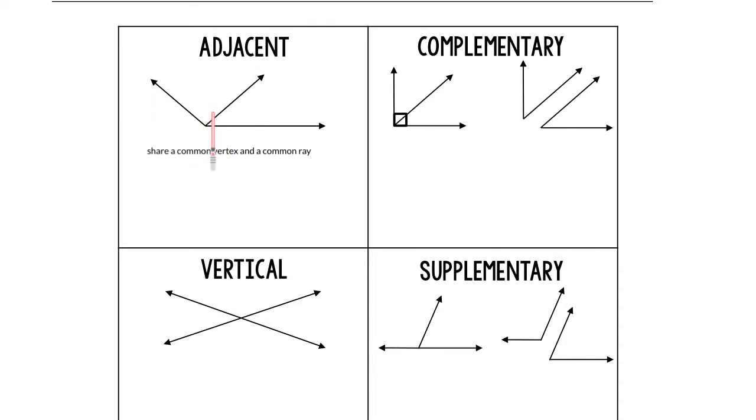One common ray is this line right here with one arrow at the end. A ray has an end point and then goes into infinity in the other direction. So a line has two arrows, a ray has one. So adjacent angles share a common vertex and a common ray. That's the first necessity for those.